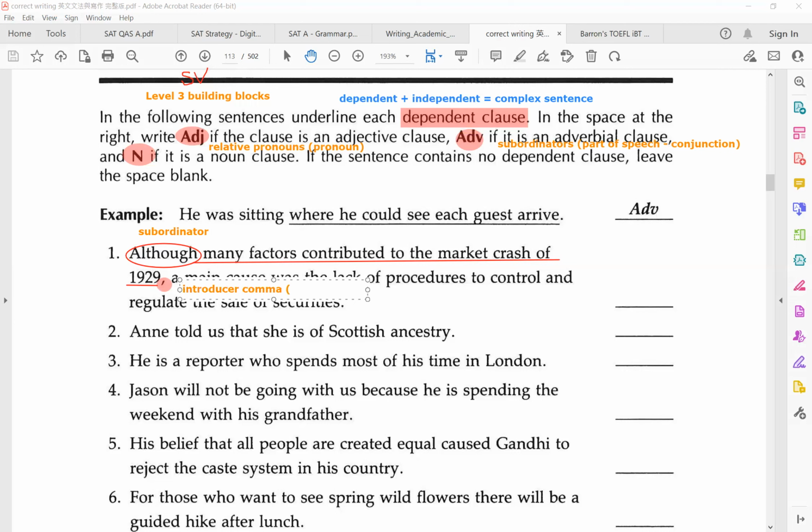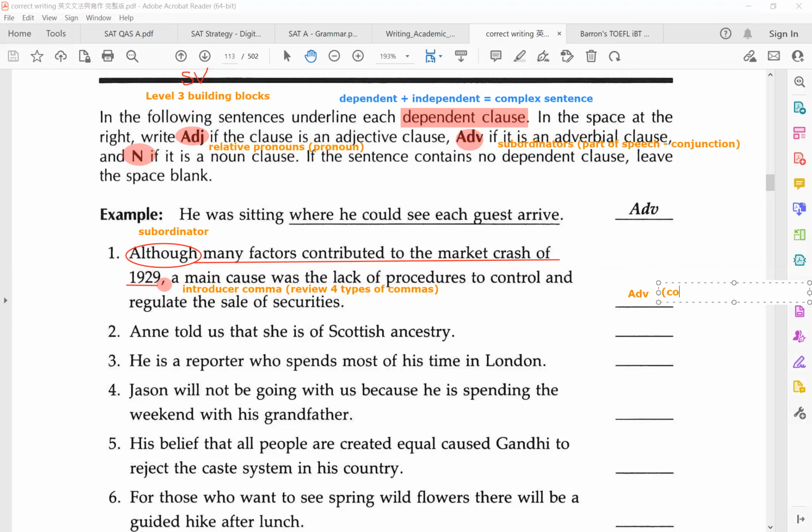So again, if you don't know what introducer comma is, please review the 4 types of commas PowerPoint lessons that have been uploaded already. All right, but although, because it is a subordinator, this is our adverbial clause. And what is it doing?